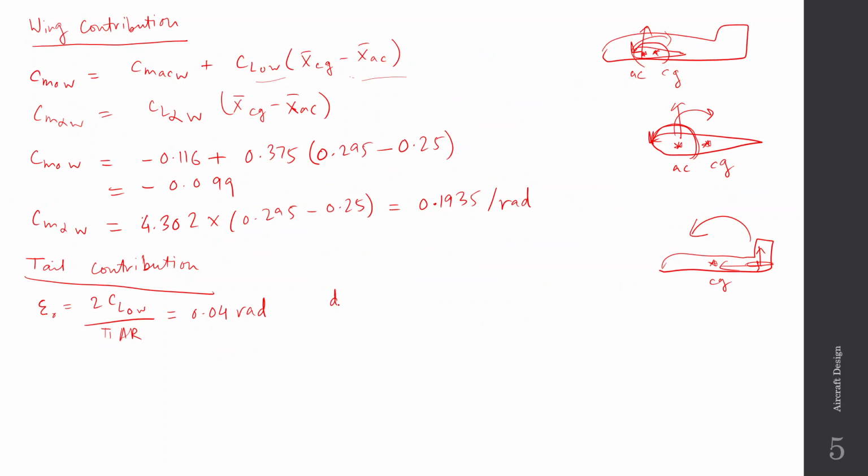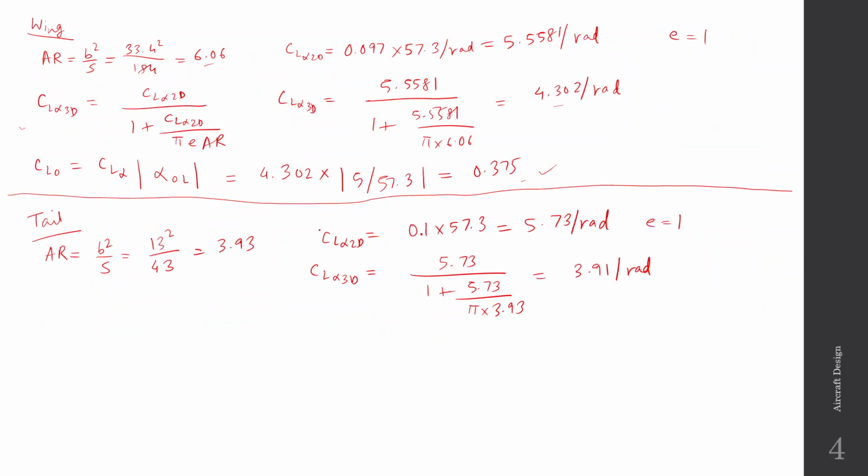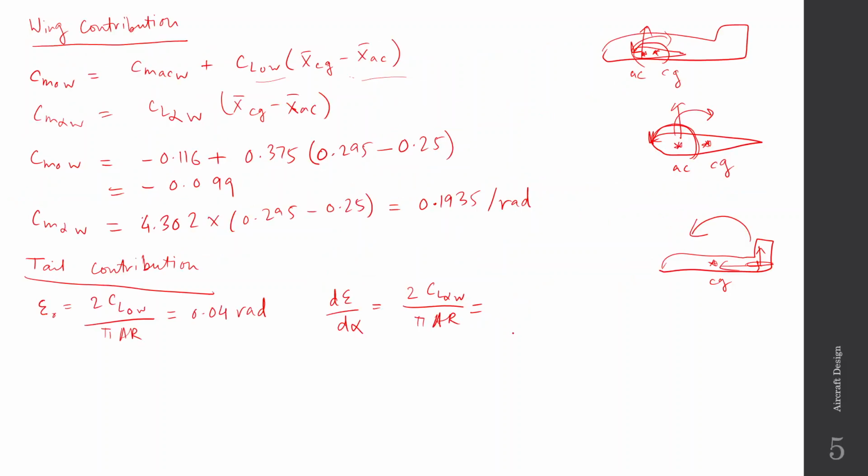Next we have to also calculate d epsilon by d alpha, and this is equal to 2 CL alpha wing by pi aspect ratio. These values you also know. CL alpha wing is 4.302, and the aspect ratio is 6.06.